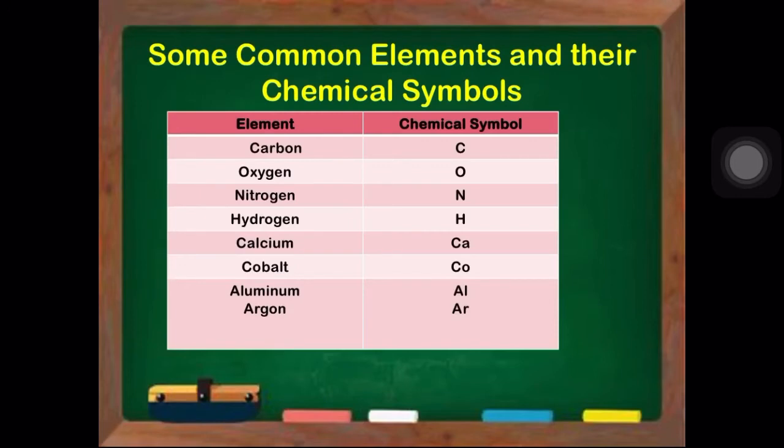Here are some of the common elements and their chemical symbols. For example, carbon, chemical symbol, big letter C. Oxygen, big letter O. Nitrogen, big letter N. Hydrogen, chemical symbol, big letter H. Calcium, chemical symbol, capital letter C and small letter a.